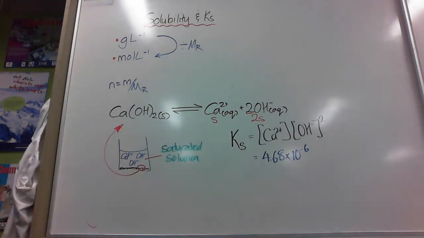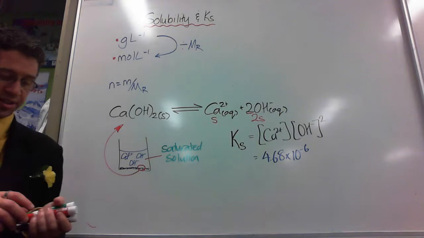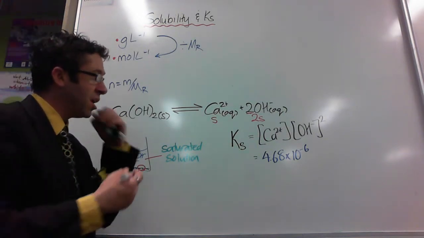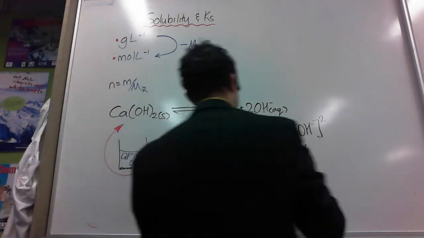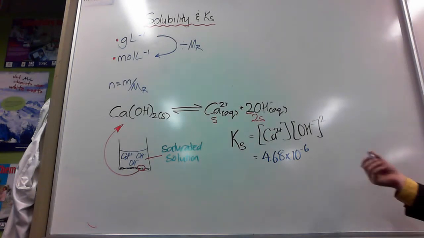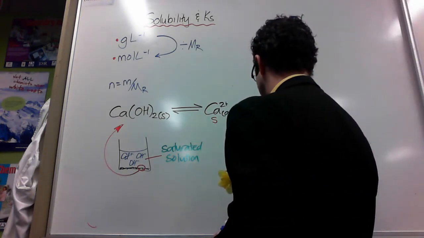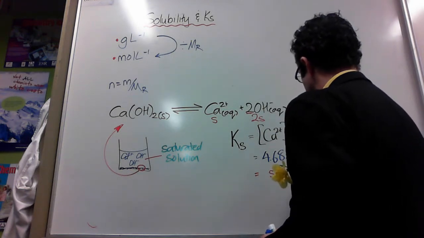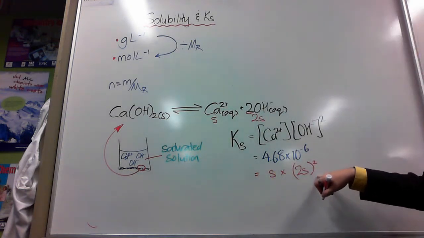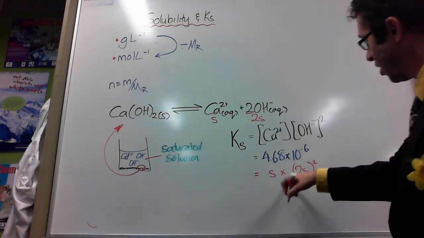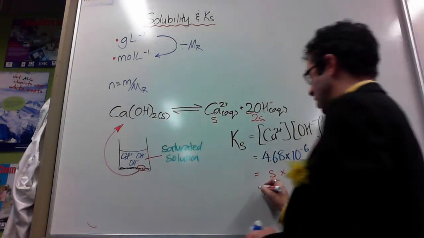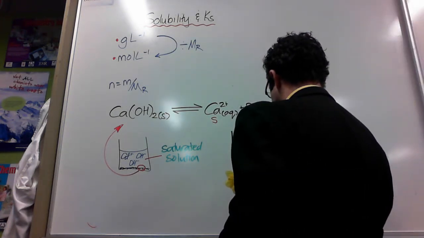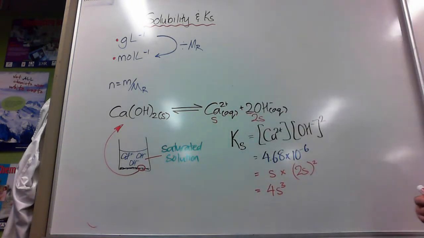So therefore, if I plug that into this expression as algebra, I get that this value here, 4.68 times 10 to the negative 6, is equal to S times (2S) squared. You'll notice I've used the brackets. That is equal to S times 4S squared, which is 4S cubed.